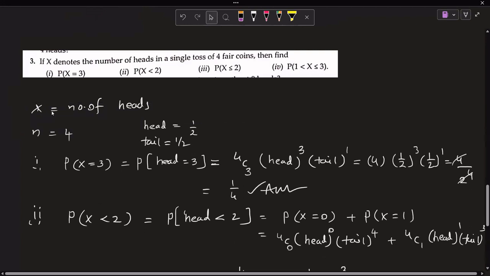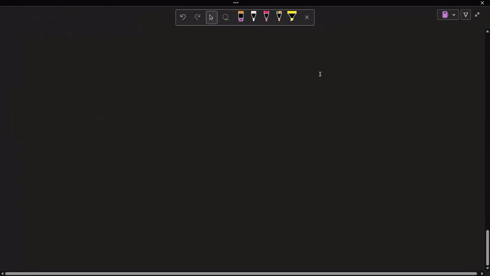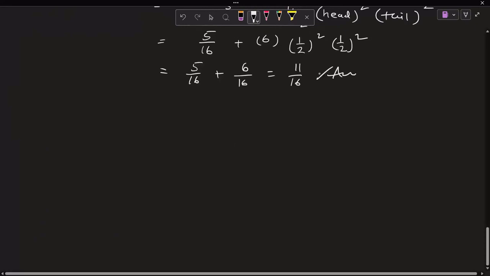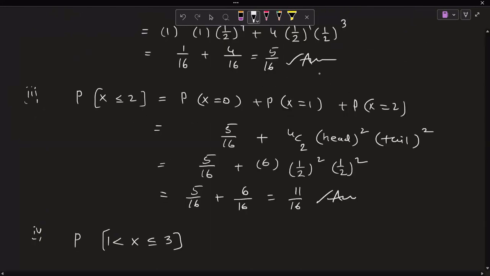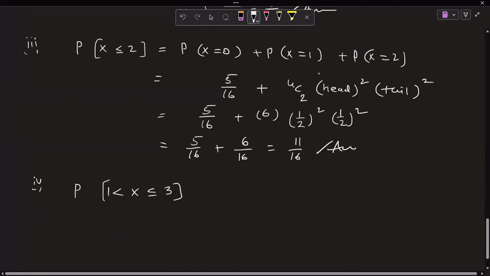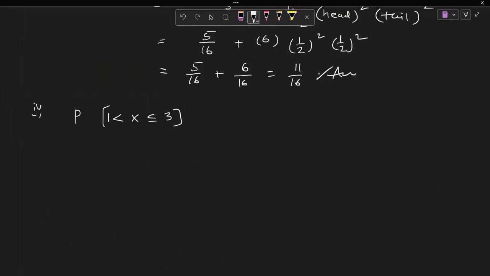Next, fourth question, P of 1 less than X less than or equal to 3. So that means it is more than 1.